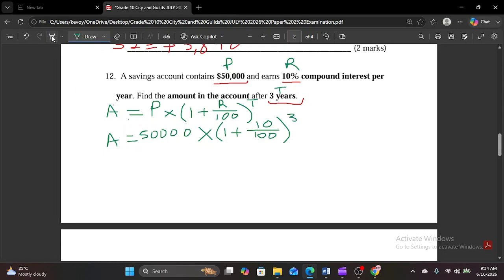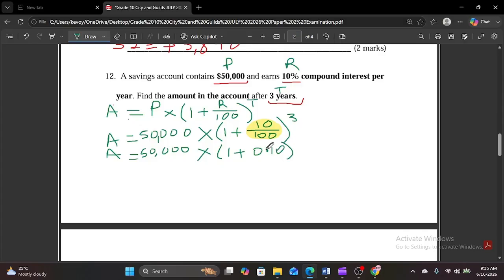All right. So we normally work what is in our bracket first, but because this is a fraction, I'm going to convert this into a regular decimal number by just dividing. So I'm going to have my A is equal to 50,000 times 1 plus, and after dividing, I will get 0.10.